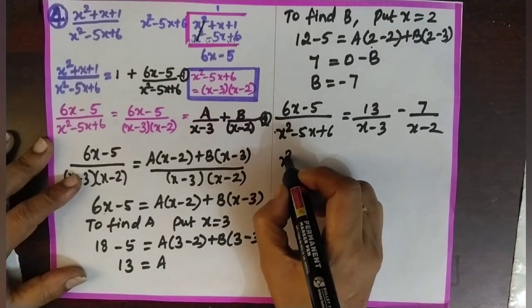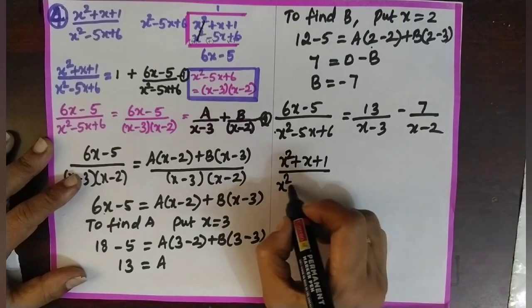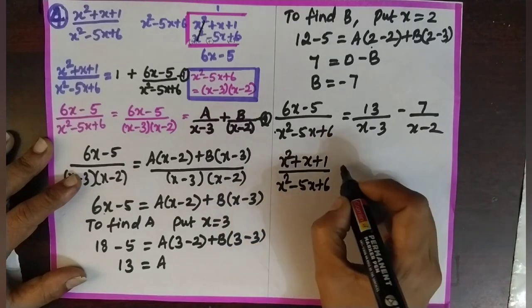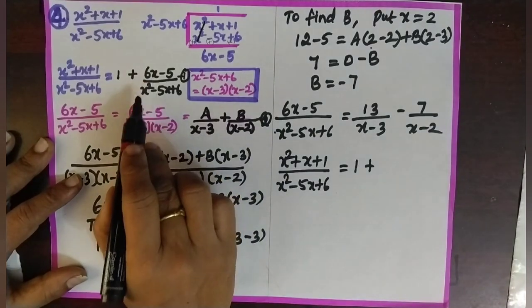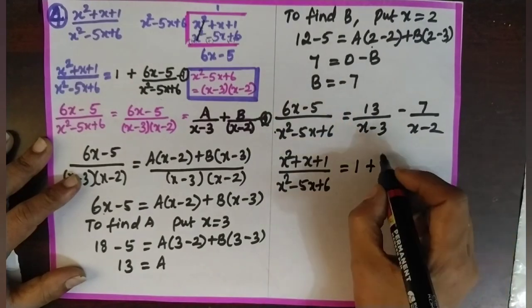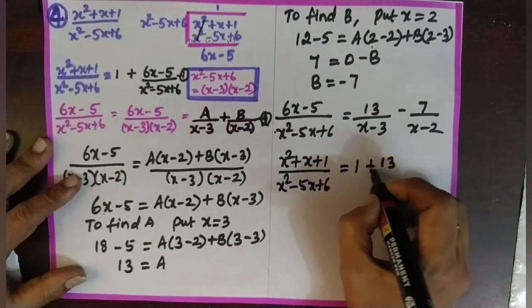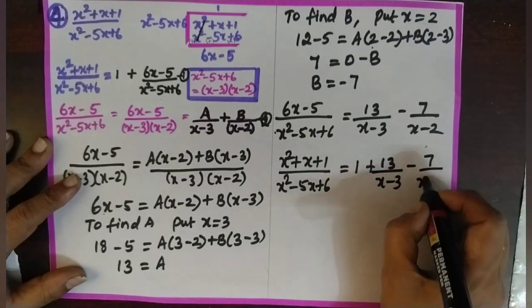Then we get (x square plus x plus 1) by (x square minus 5x plus 6) is equal to 1 plus, in the place of (6x minus 5) by (x square minus 5x plus 6) we need to substitute this. Then we get 13 by (x minus 3) minus 7 by (x minus 2).